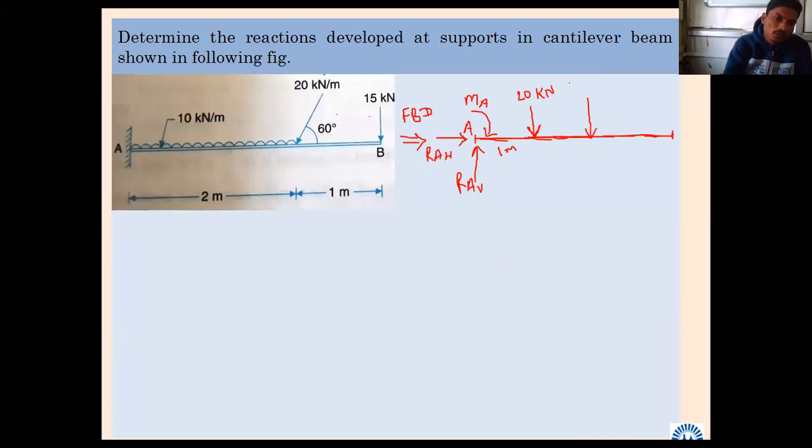Minus 20 sine 60. I have written minus, don't worry.